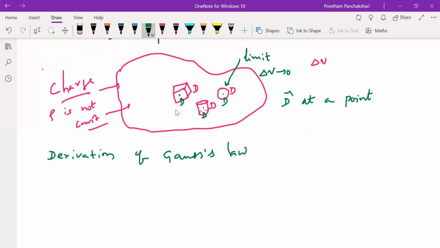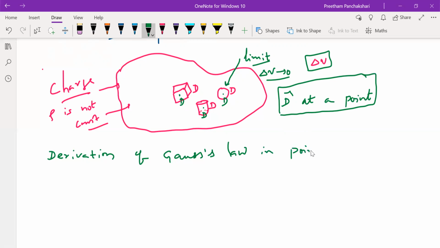So once again, if we consider a small closed surface enclosing an incremental volume delta V, and we apply the limiting case in the end, delta V tends to 0, then we may end up with a useful equation for D at a point within that volume. This equation later will be called Gauss law in point form, or Gauss law in differential form.